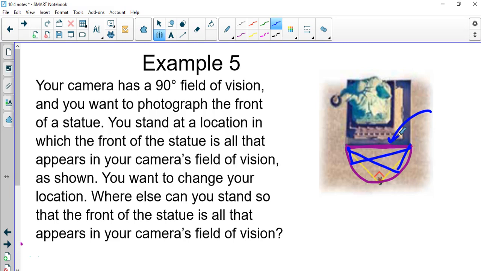So as long as that is the diameter, anywhere along that semicircle will work.